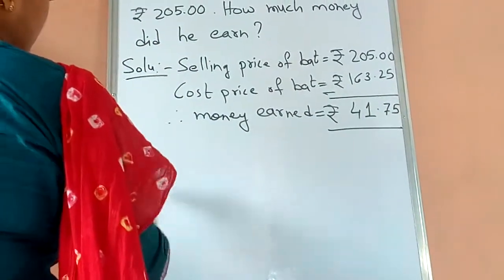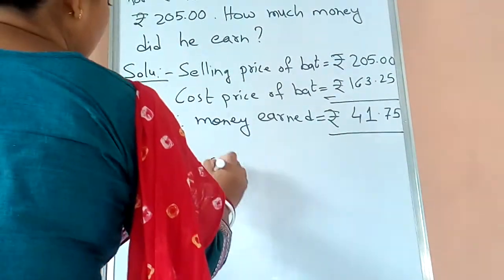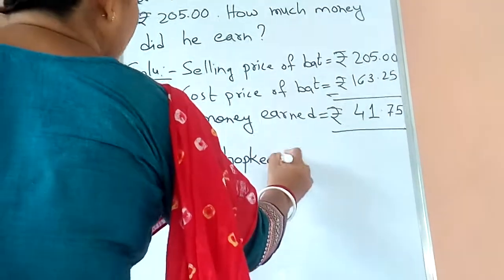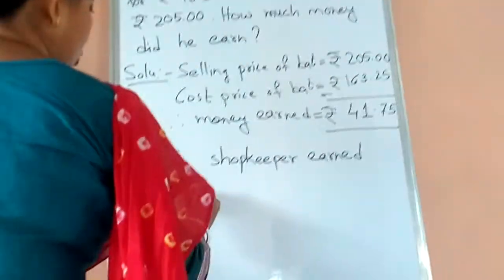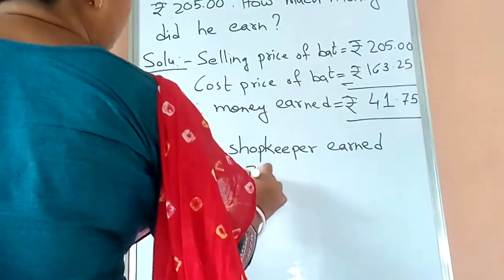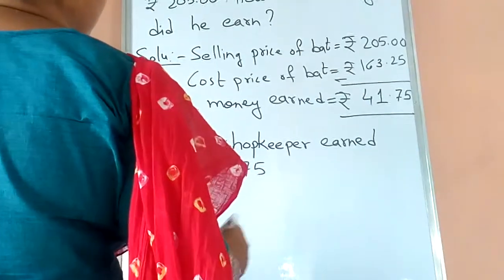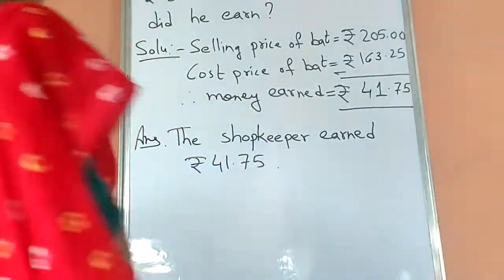We will write the answer that the shopkeeper earned rupees 41 and 75 paise from the bat. Okay, so this is question number 2.